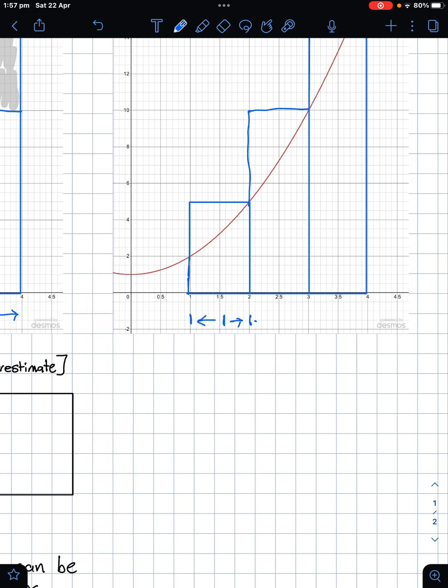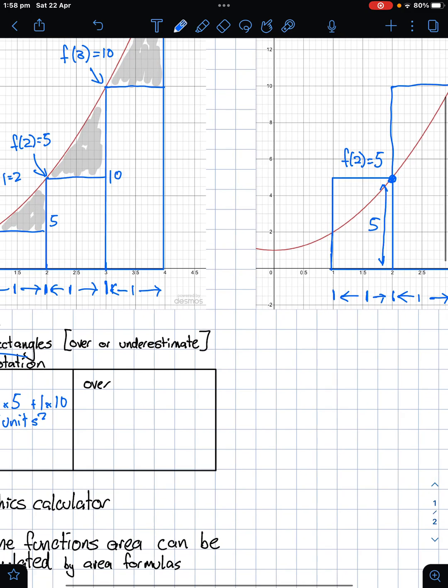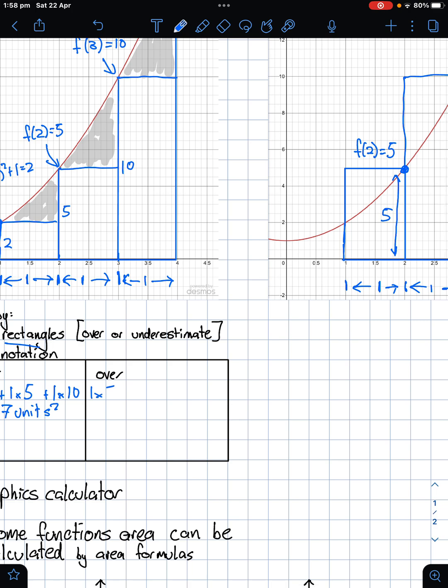So these would still have 1 unit width. I've picked these because it's nice and simple. The height of this rectangle is going to be f of 2, so at x equals 2, that's 2 squared plus 1 equals 5. So our first rectangle is going to be 1 times 5.